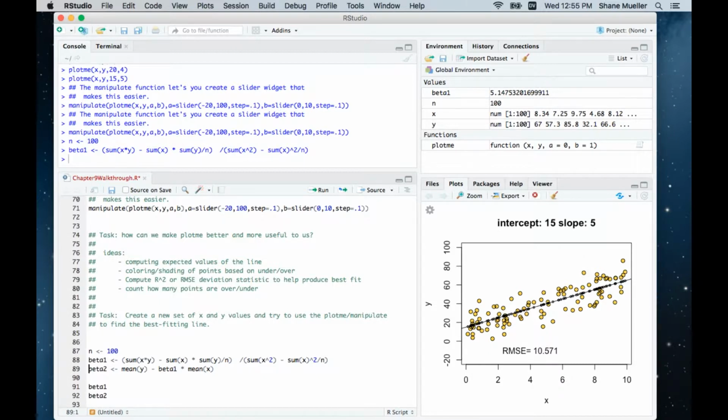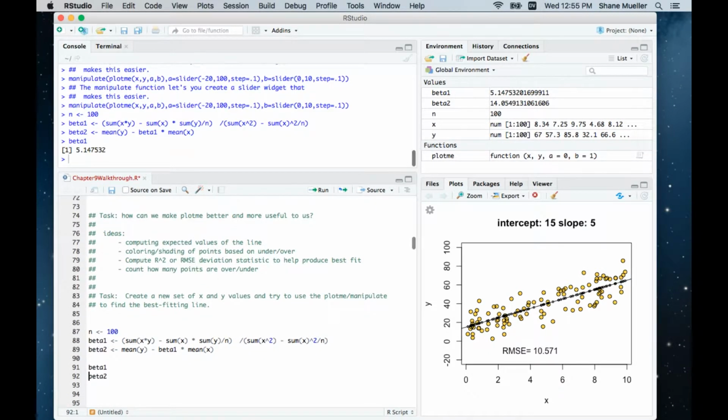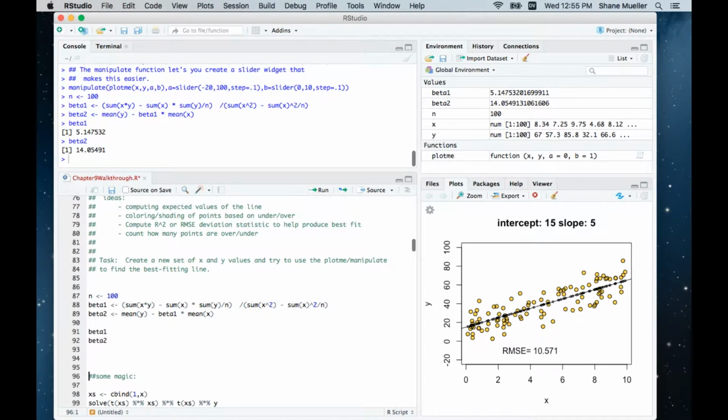And I can report these, and I'm sorry, I got this backwards. Here, beta 2 is going to be the intercept, and beta 1 is going to be the slope. And even though the intercept 15.5 was what the original data had, we can find that the best model describing this has 14.05 as the intercept and 5.41 as the slope.